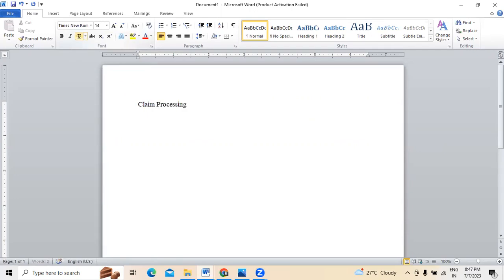Claim processing steps are divided into 3 steps. The first one is claim submission.